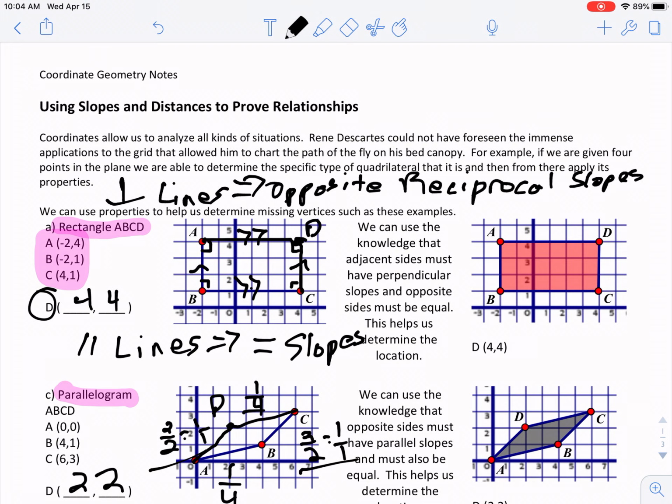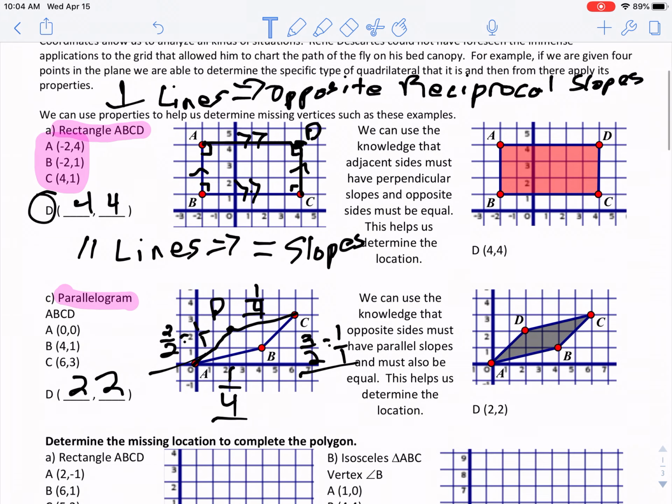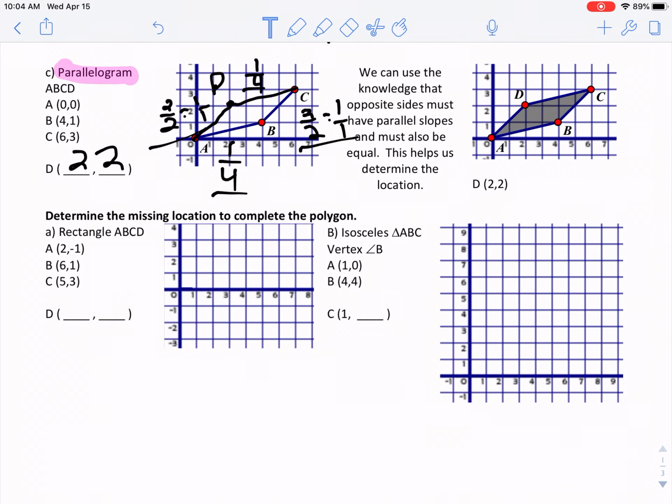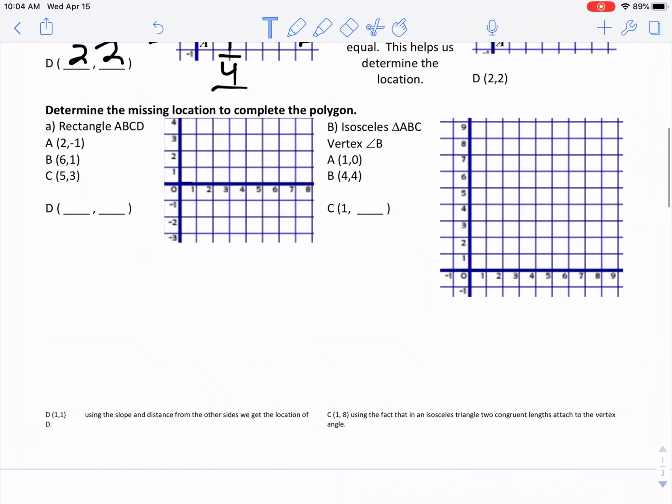So the denominator is now the numerator, and the numerator is now the denominator. There's a couple for you here to try on A and B. I'm going to skip ahead.